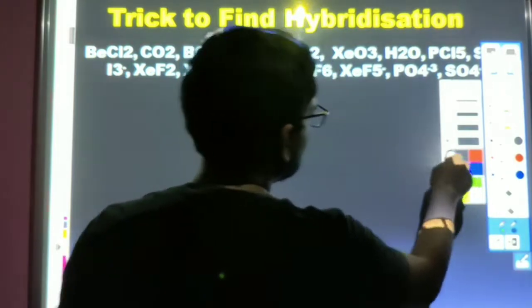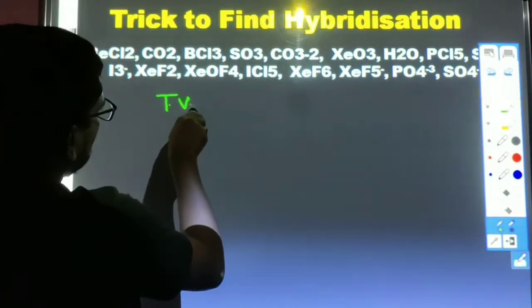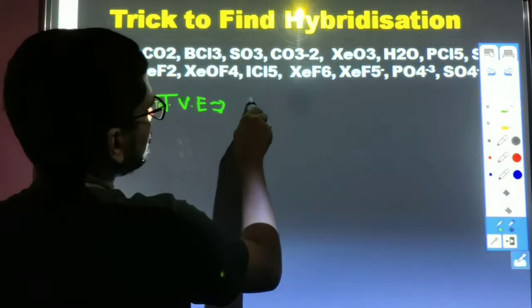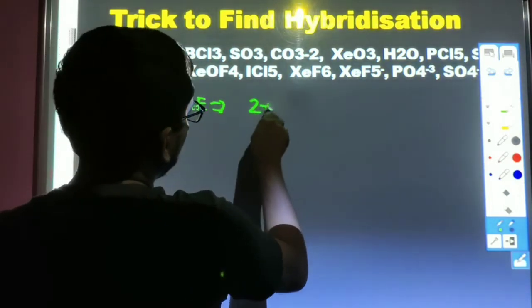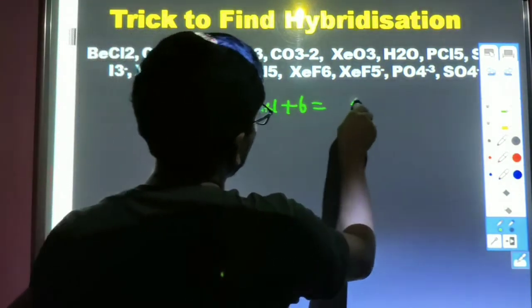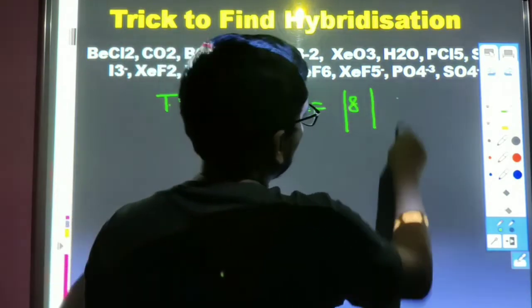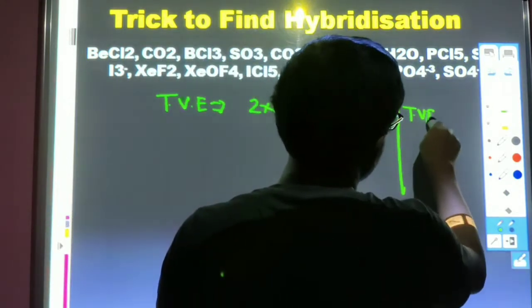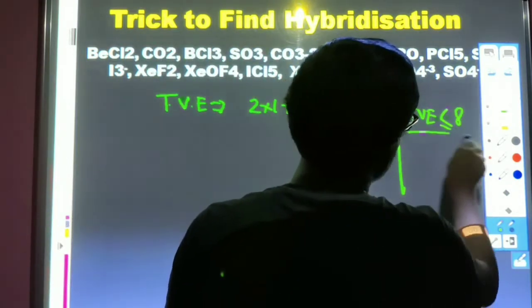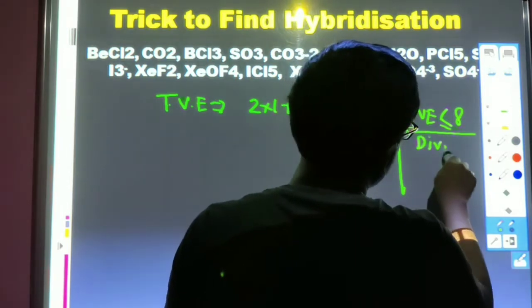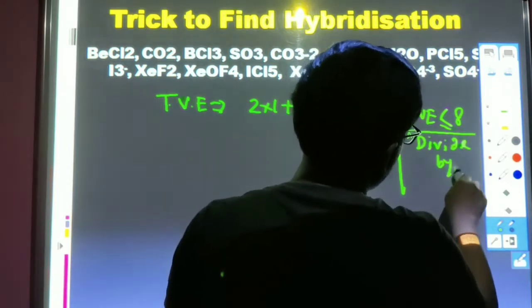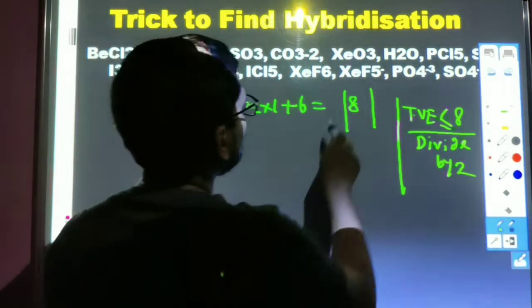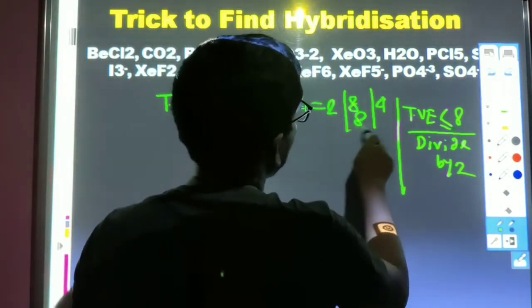So total valence electron for H2O, 2 multiplied by 1 plus 6, that will give you 8. See, when the total valence electron is less than or equal to 8, you just divide by 2. So 2 4s are 8.